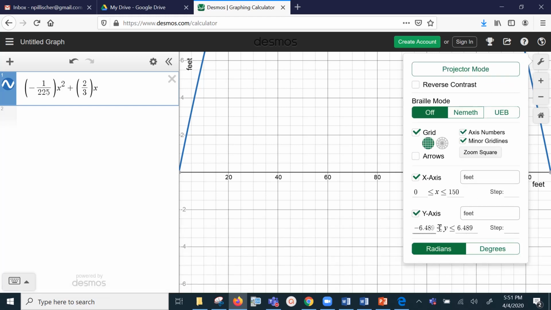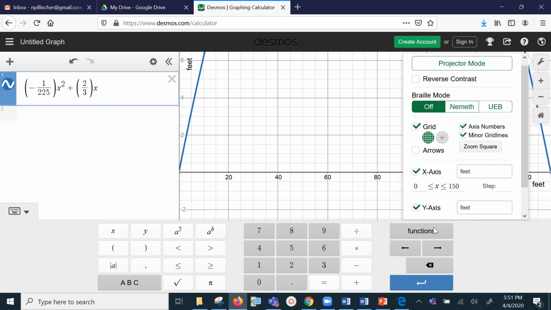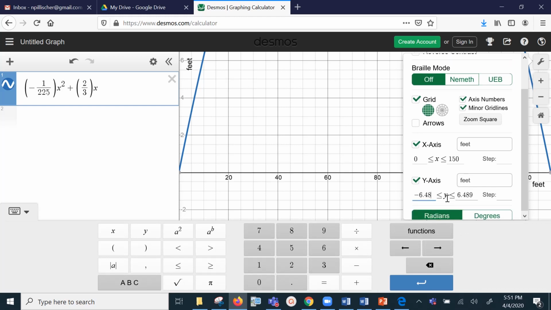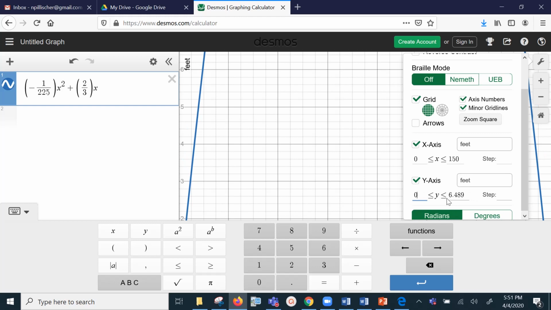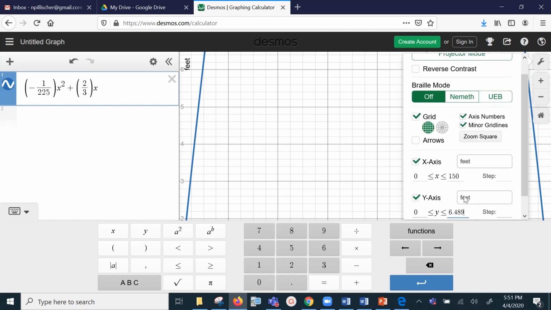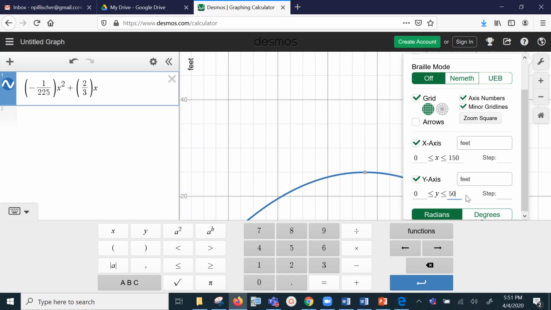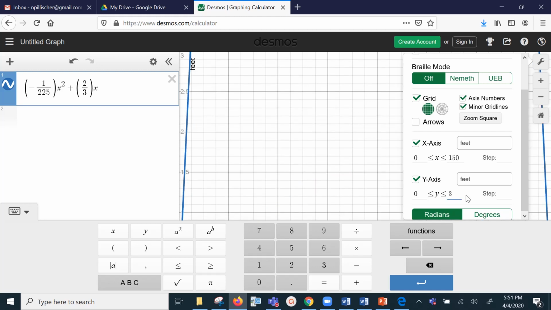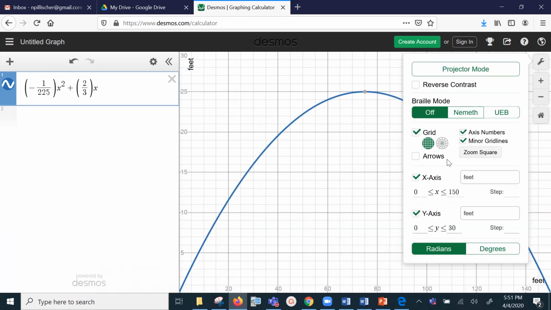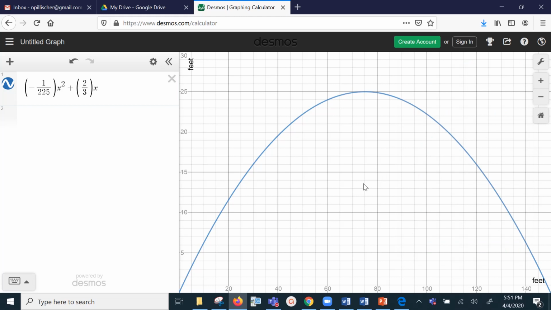I don't know what the range is because they don't tell me, but guessing from the question, we're going to try 0 to 50. Oh, it looks like the vertex is actually above 20, so let's do 30. Then I hit OK, and here it is.